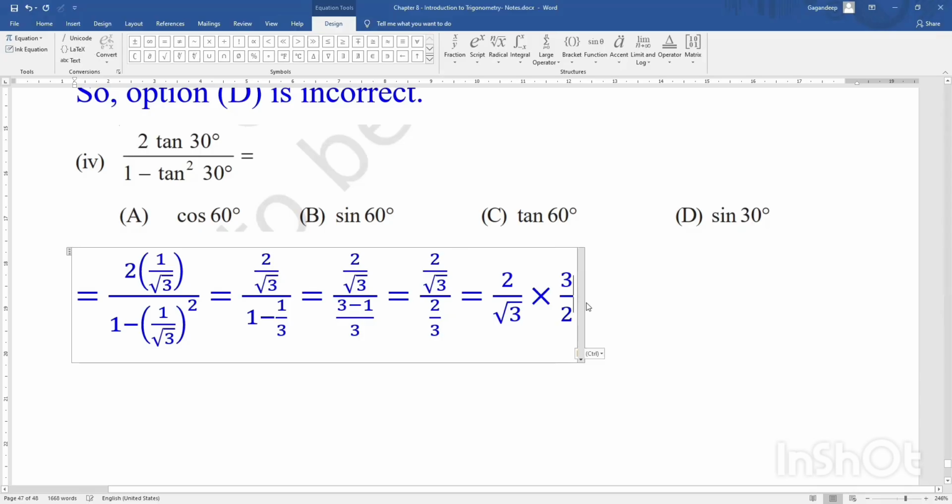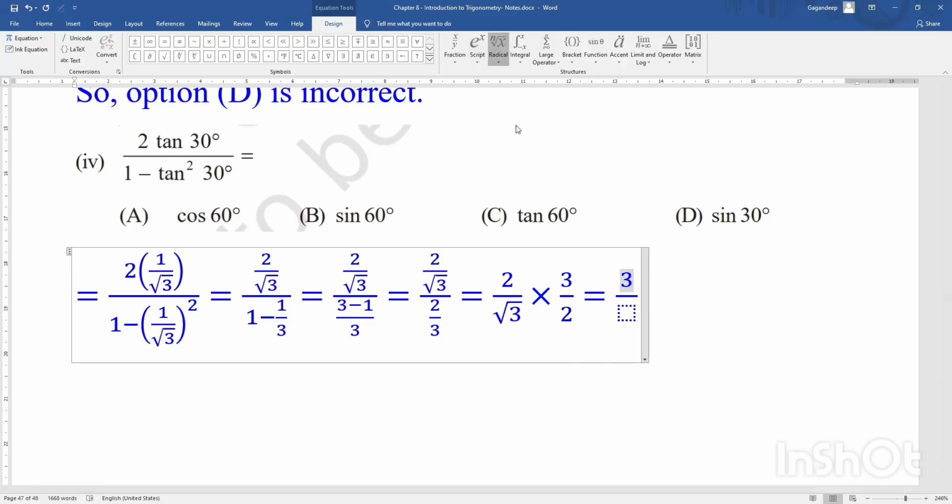So 2 cancels. So you'll have 3 by root 3. This is nothing but 3, which you can write as root 3 into root 3.